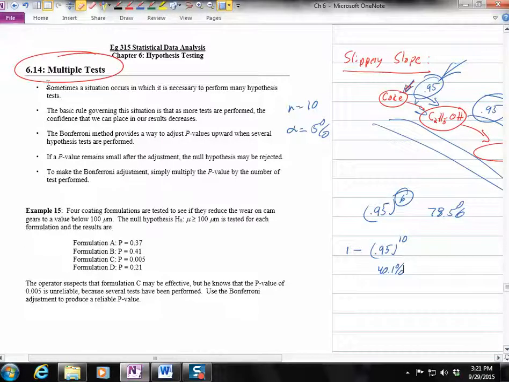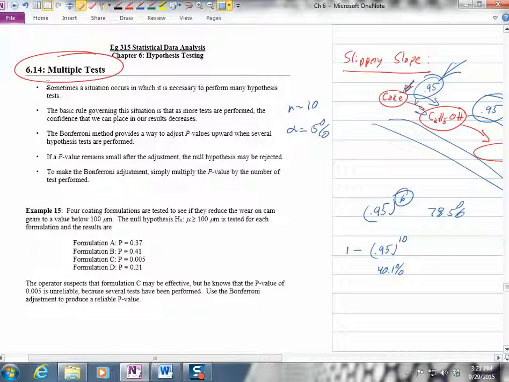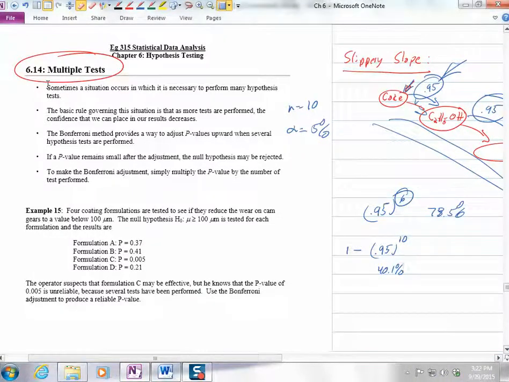There's alpha error of a single test, but when we're going to be doing a lot of tests, we have to at least be cognizant of the fact that the chances that I make one alpha error are more than 5%. It depends on the number of tests. We're not going to do a whole lot with this, but it's going to come back at the end of the class when we have a procedure for how to reduce our full model to a parsimonious model.